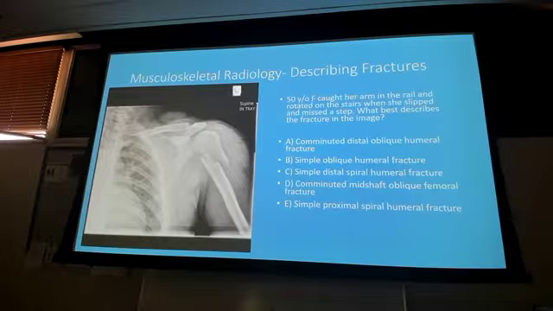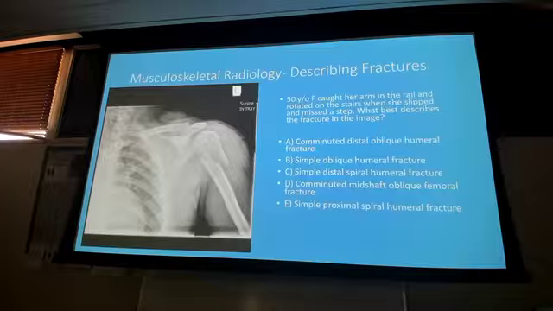Without the vignette, this is just in yourself, you don't have to raise your hand. Ask yourself, would you have been able to look at this picture and tell me it was a spiral instead of an oblique? Maybe with more practice. I like that answer. Because you can see the depth here in the fracture of the humeral head for the proximal. And I say yes, I can see it. I've looked at thousands of x-rays, right?